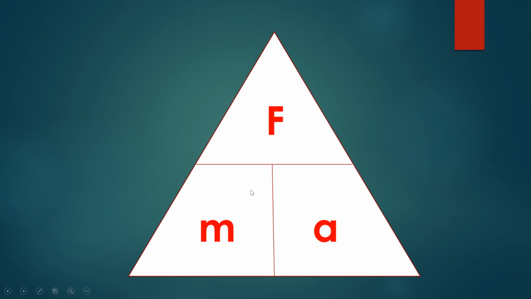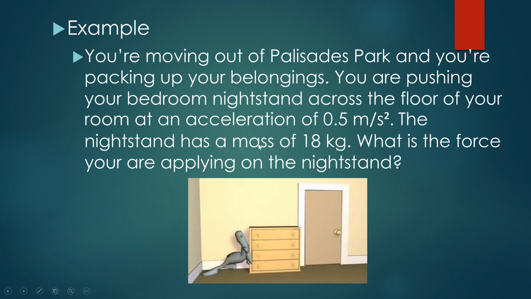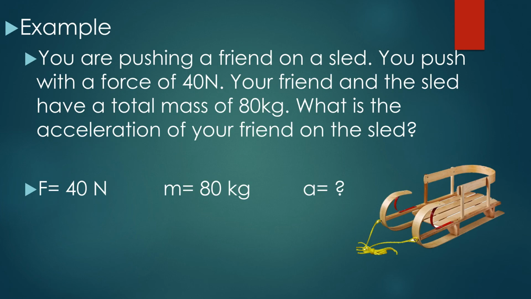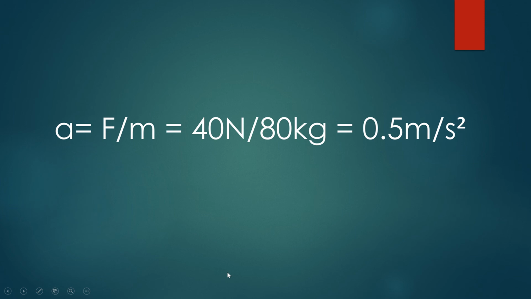The F divided by the M. Let's go back to our example. Okay. So if we wanted to set this up, it would be 40 divided by 80 because it's the force divided by the mass. And if you did the math, it is 0.5 meters per second squared. That is the answer here.